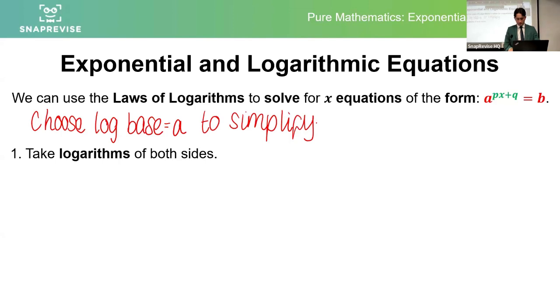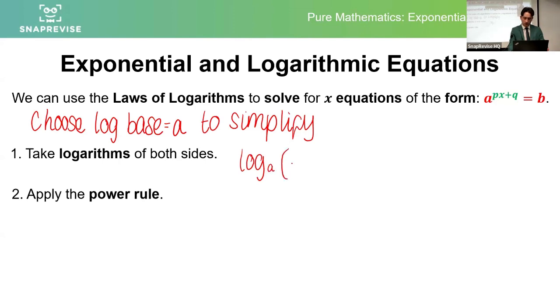So for example, we would take log base a of a to the px plus q. Because it's an equation, you have to do that to both sides. Log base a of b. Hopefully we're all following up to there.